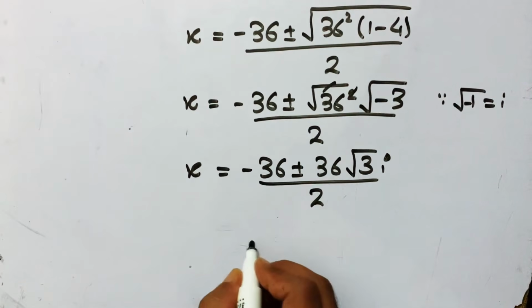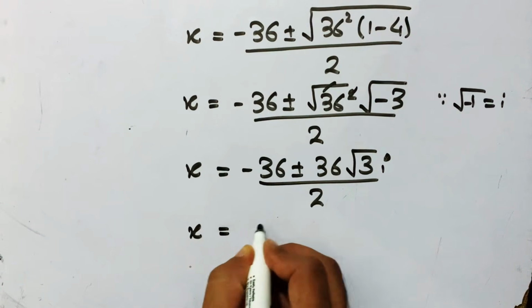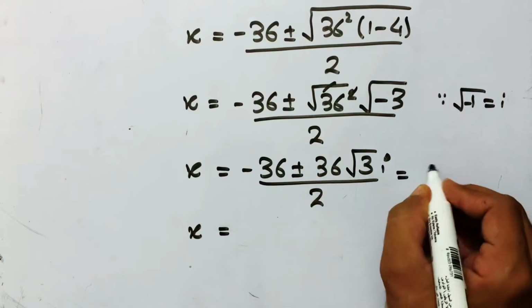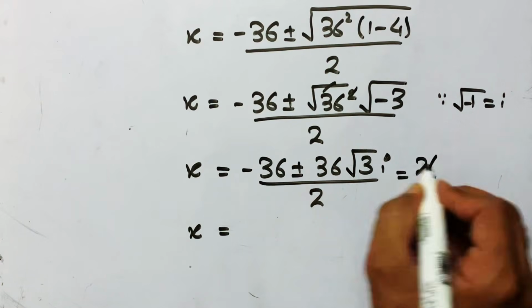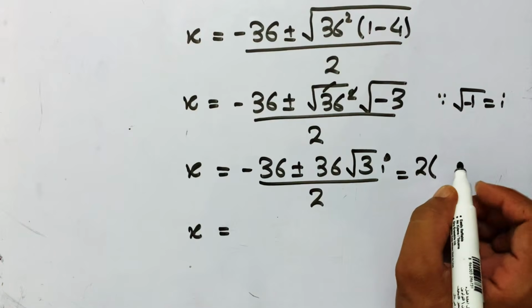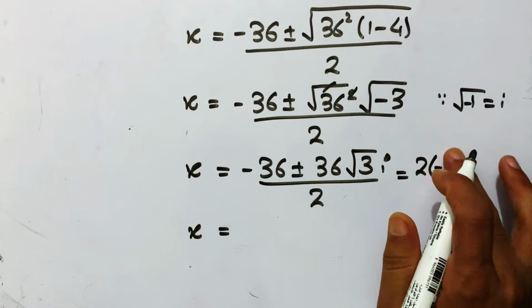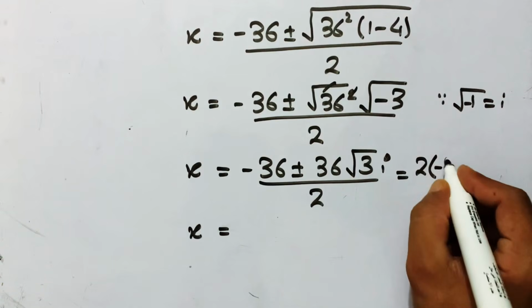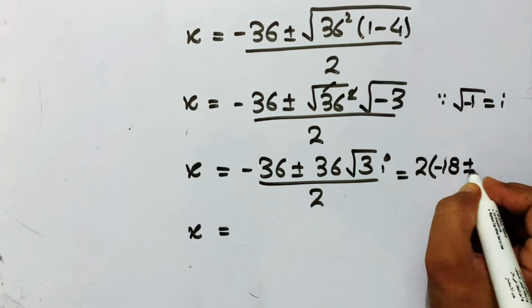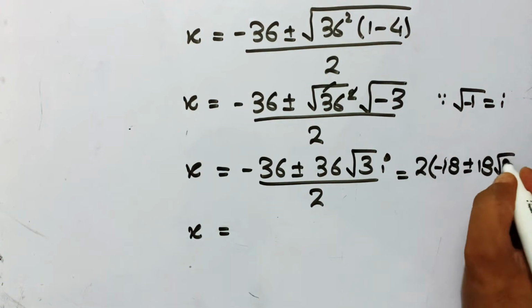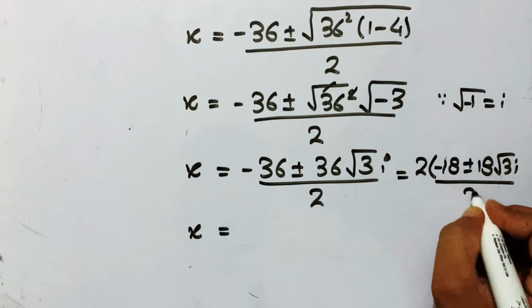Taking 2 common, so the equation is minus 36 common, 18 remains, so x equals minus 18 plus or minus 18 square root of 3 i, divided by 2.